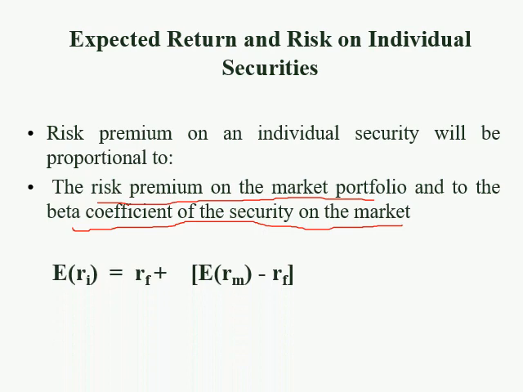And here is the equation. ER I, or the expected return of security I, will be equal to RF, that is the risk-free rate, plus beta of this security I, multiplied by the excess return on the market, ERM minus RF.